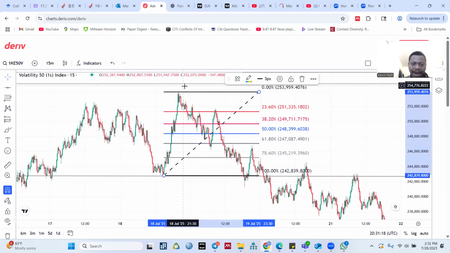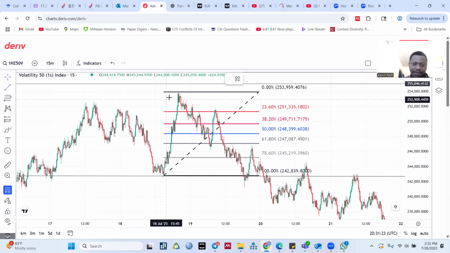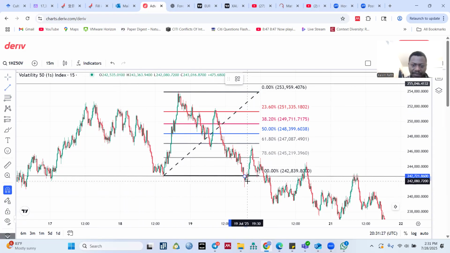When price was dropping, we assume that price had already hit this area. By the time you are measuring, price had hit this area, because that is when you got the confirmation.